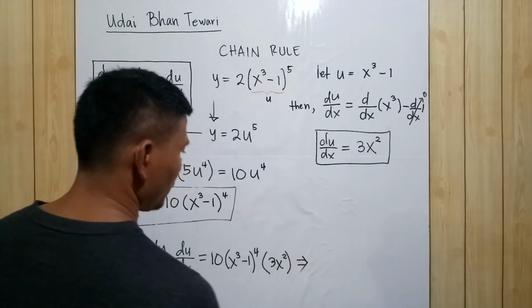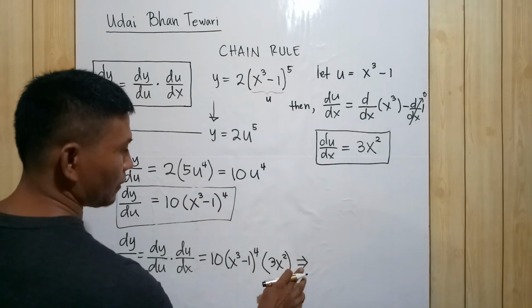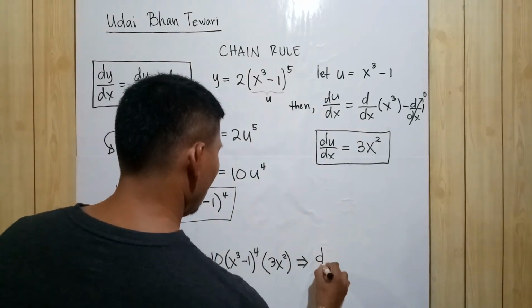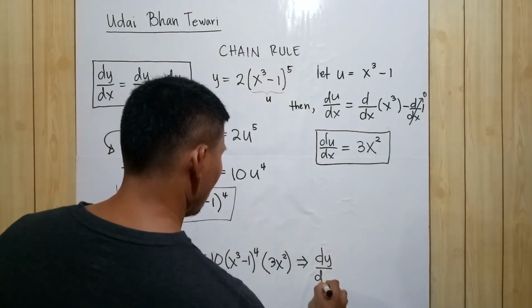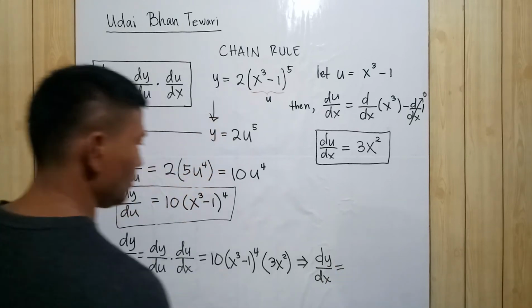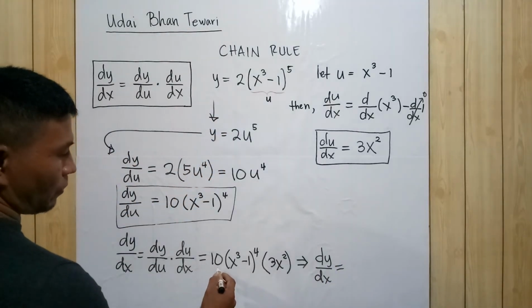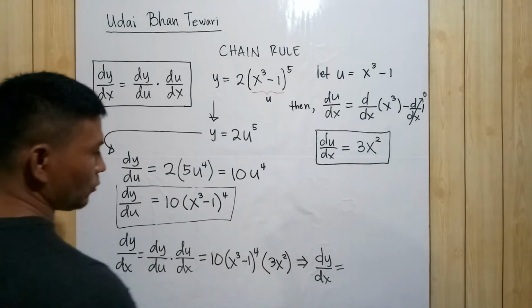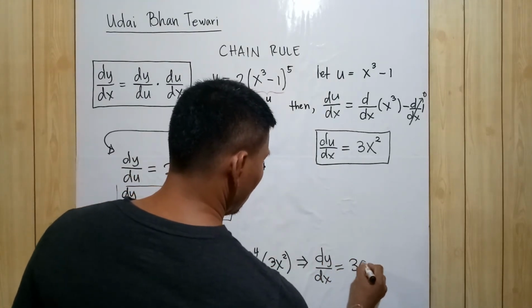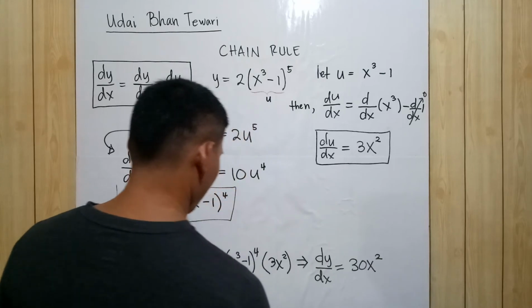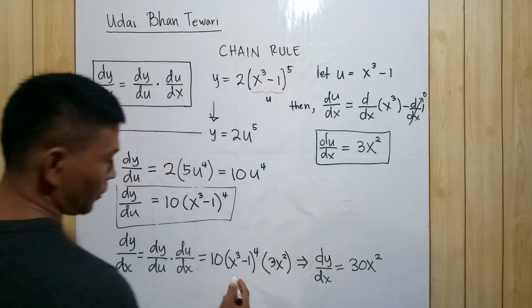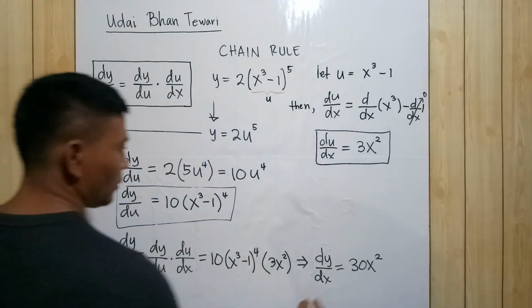It follows that our dy dx therefore is equal to, multiplying 10 to 3x squared, we have 30x squared, and what remains here is x cubed minus 1 to the 4th power.